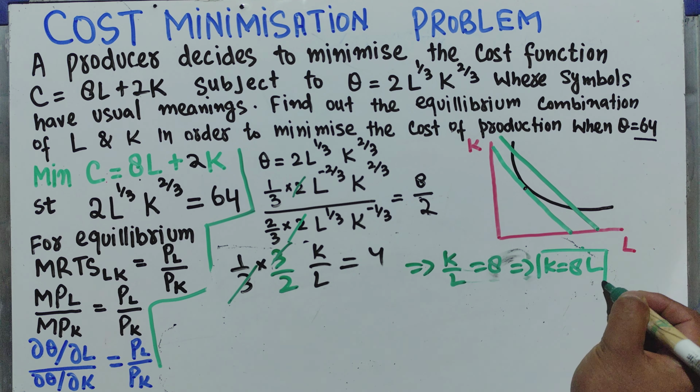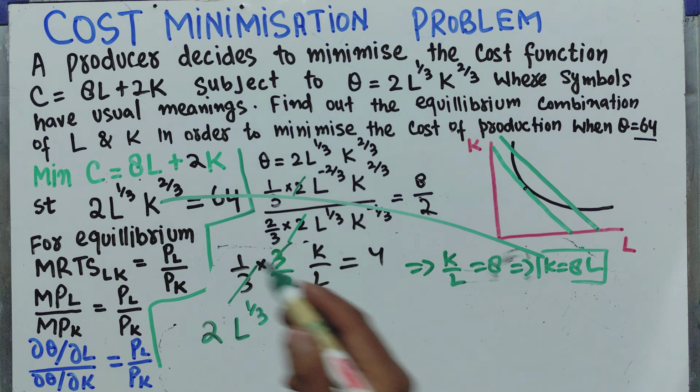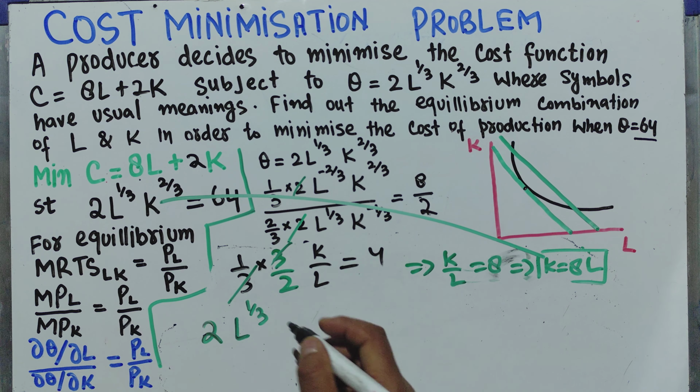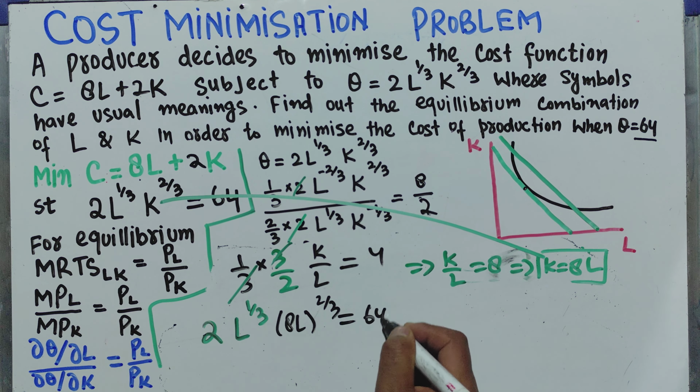Now plug this into here, so we get twice L raised power 1 upon 3. In place of k, I can write 8L raised power 2 upon 3 should be equal to 64.